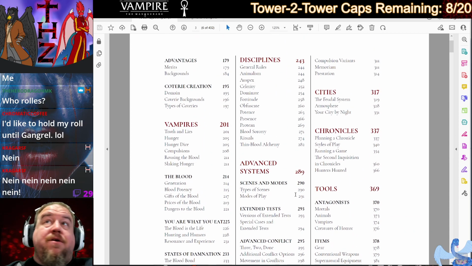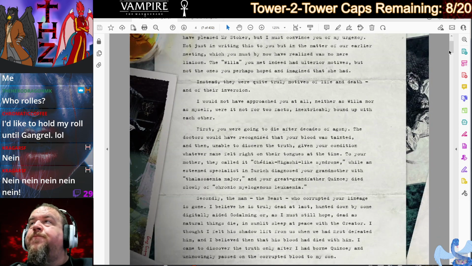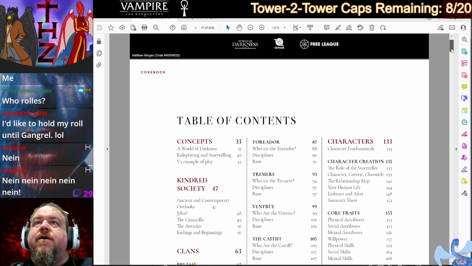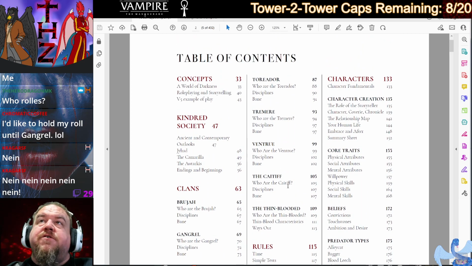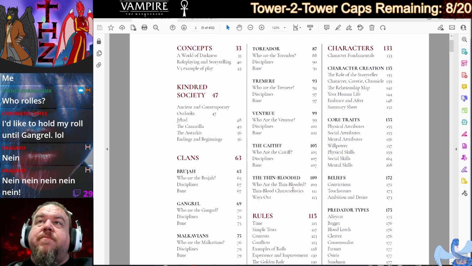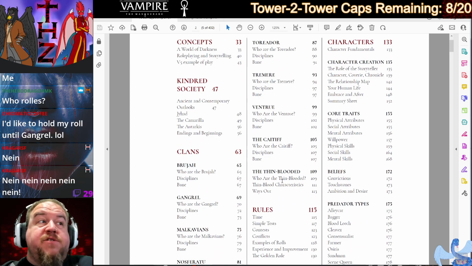Even whether or not you have any familiarity, maybe you just choose one that sounds cool. Do you choose Bruja, Gangrel, Malkavians, Nosferatu, Toreador, Tremere, Ventrue, Caitiff, or Thinblood? Or I guess you could choose Sire Unknown as well.